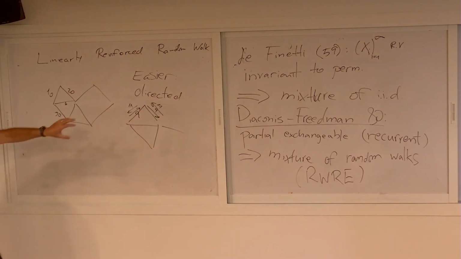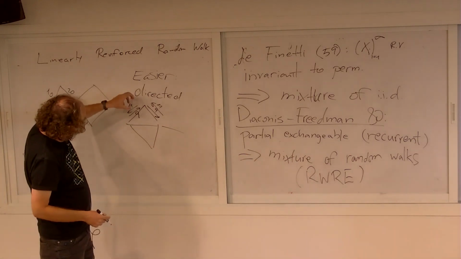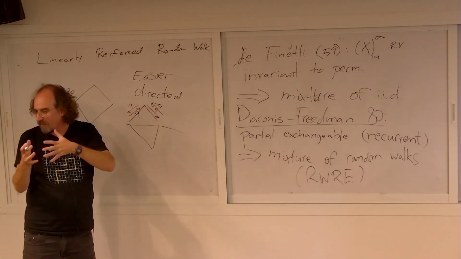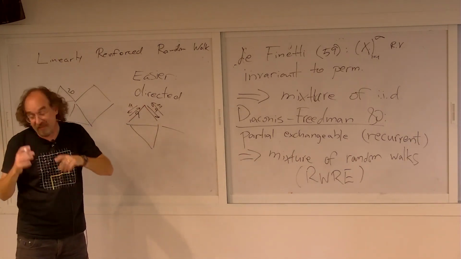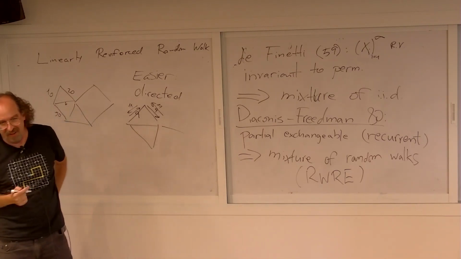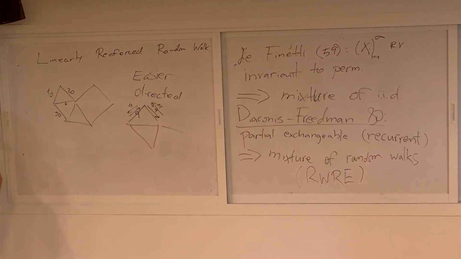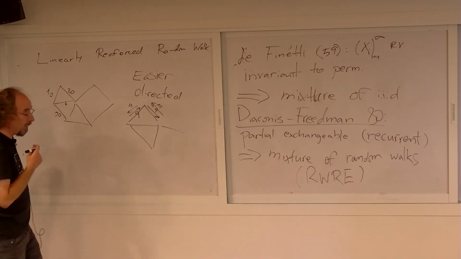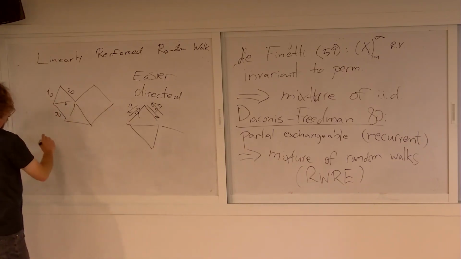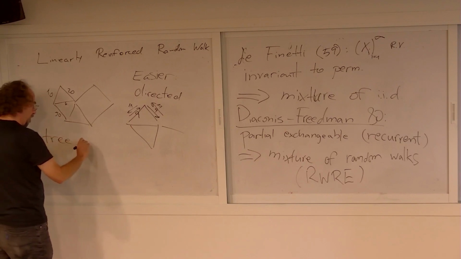The number of times you enter and exit every vertex must be the same, except at the beginning and the end. And you want to calculate how many paths exist. How do you do that? Well, let's look at the tree of last exit.